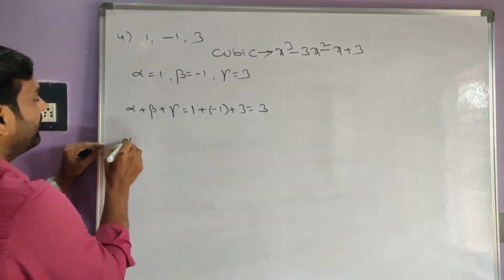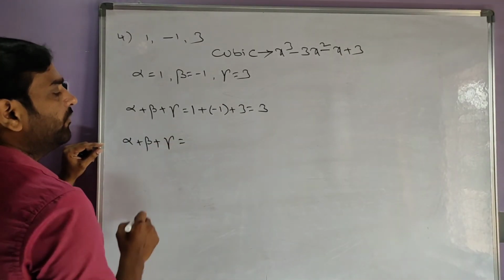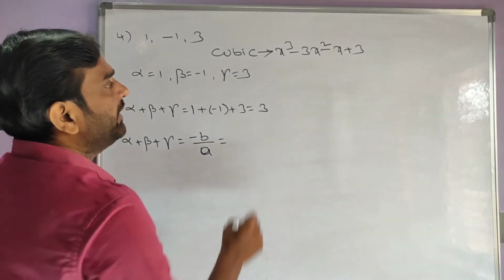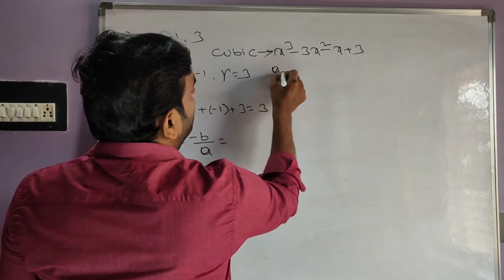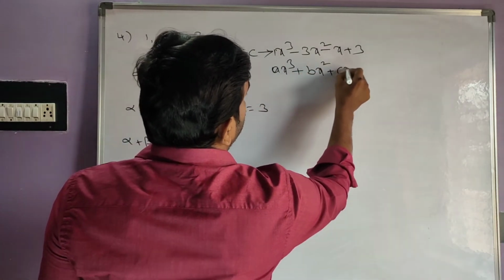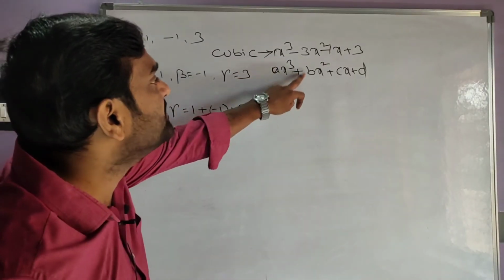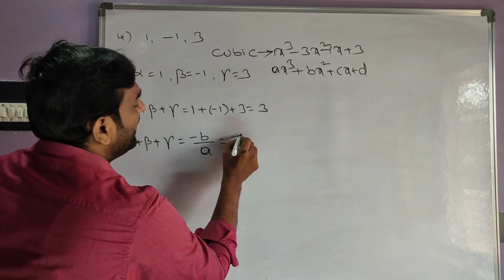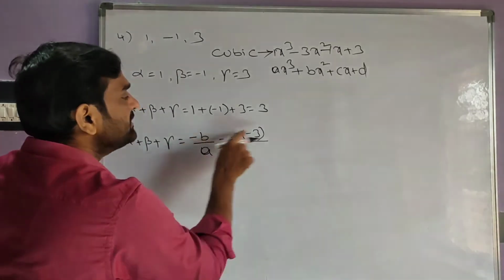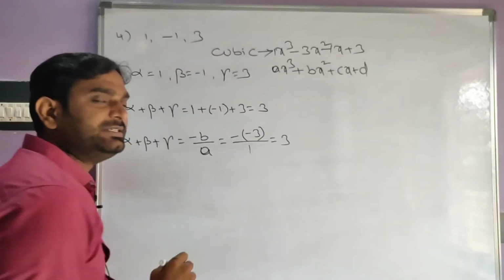By coefficients, alpha plus beta plus gamma is minus b by a. Compare with the general form ax cube plus bx square plus cx plus d. What is a here? 1. What is b? Minus 3. Minus b by a is minus into minus, plus 3 by 1, is 3.